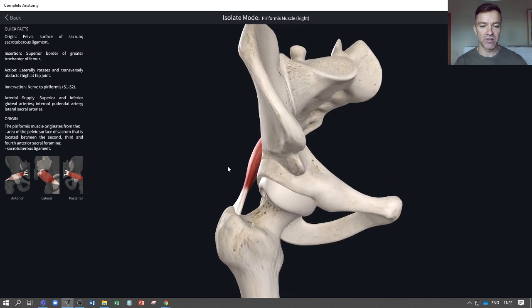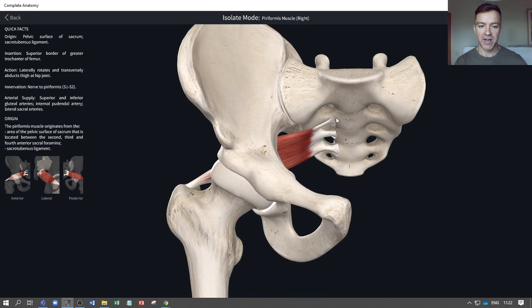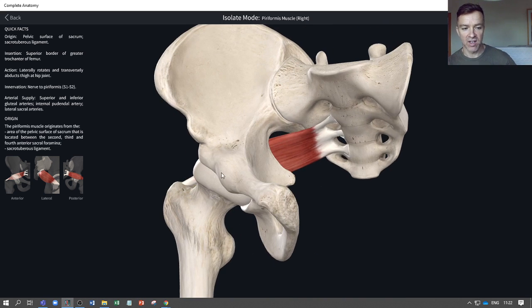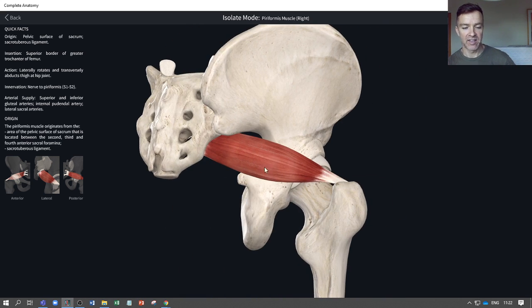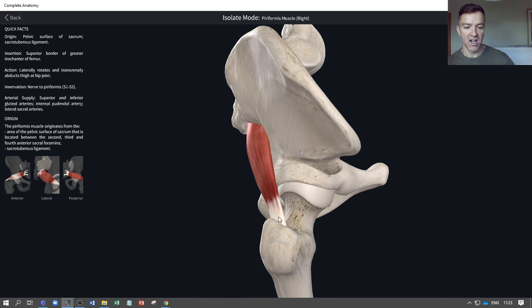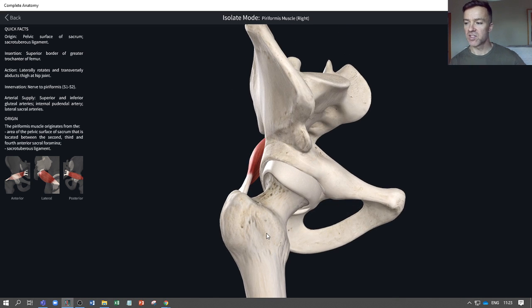And if we spin it around, we can see that the piriformis originates on the anterior surface of the sacrum there, the part of the sacrum that is towards the front. It crosses the hip joint at the back, the posterior aspect of the hip joint, and it inserts onto the femur there. This muscle is involved in lateral rotation and transverse abduction of the femur at the hip.